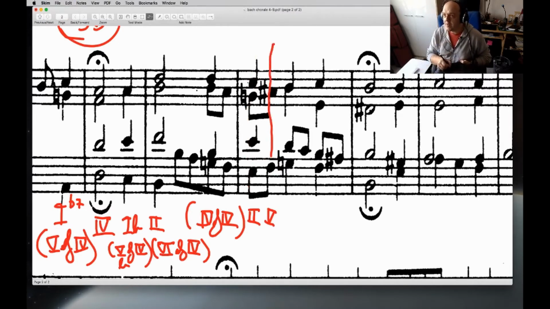On this chord, chord 5 of B minor. So this is 2, 5 of 2.